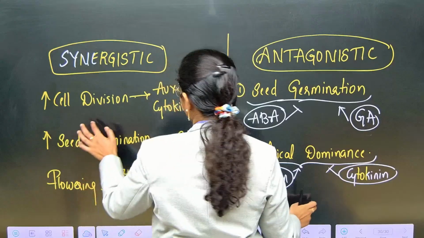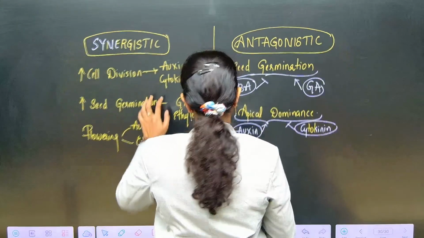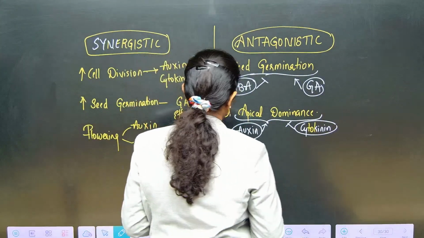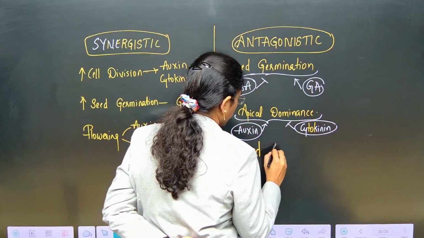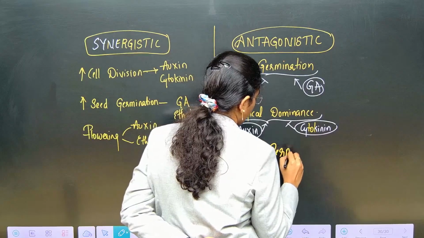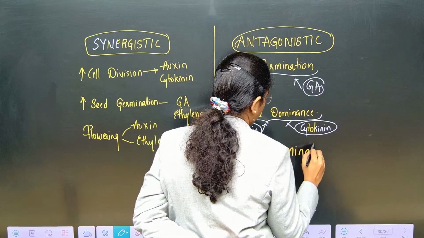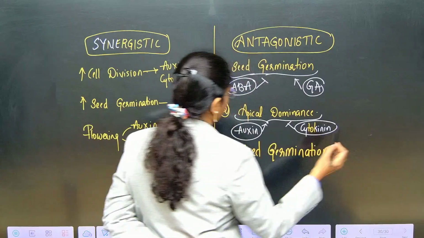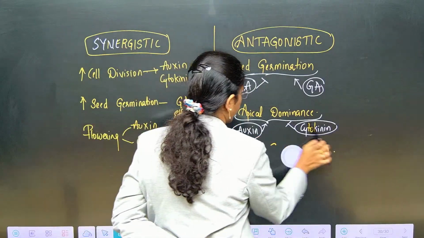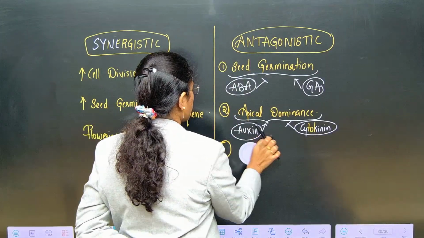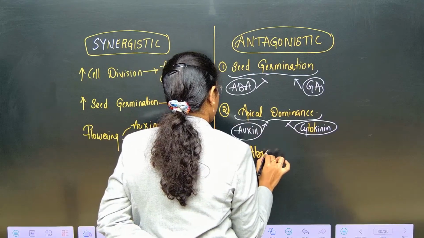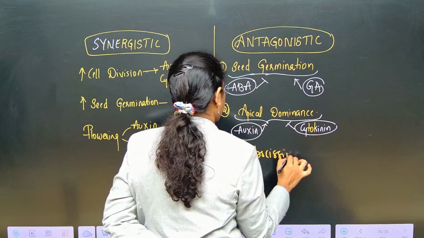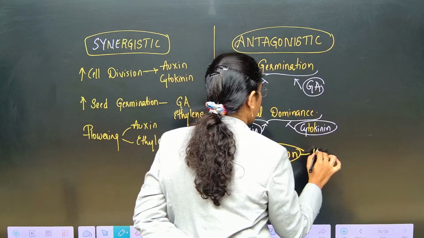Next, seed germination is already done. Next you can take abscission of younger leaves.